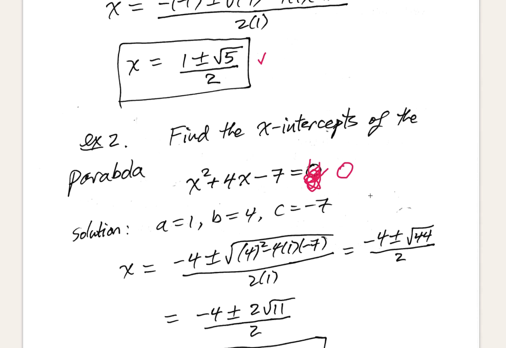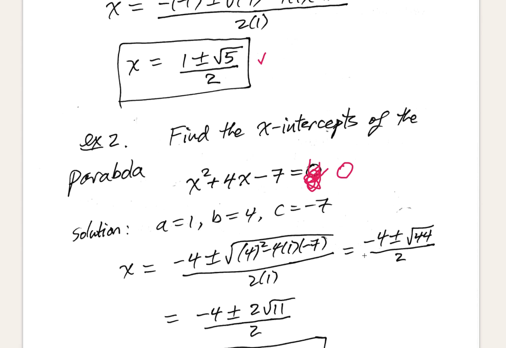Now it's a quadratic equation in standard form with the leading coefficient being a equals 1, b equals 4, c equals negative 7. So negative b would be negative 4, and then you go plus or minus the square root of 4 squared minus 4, a, which is 1, c, which is negative 7, and the whole thing divided by 2 times a, so that's 2 times 1.